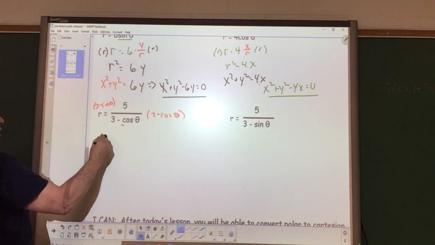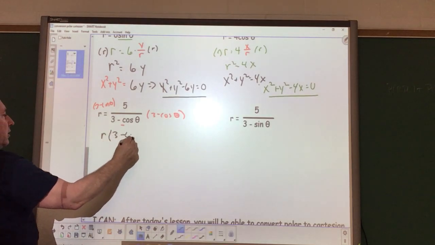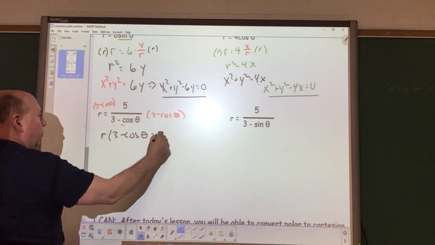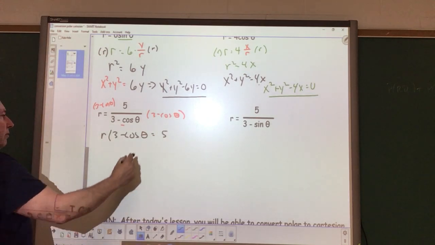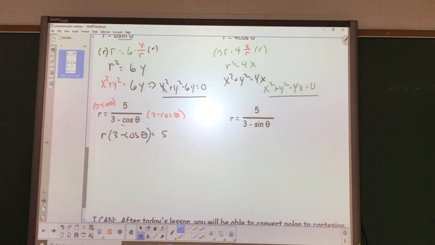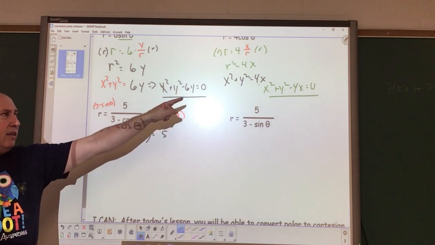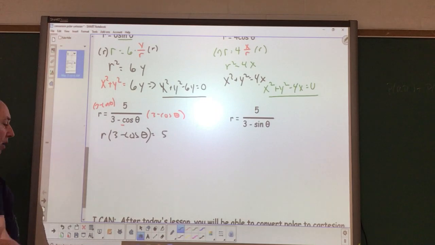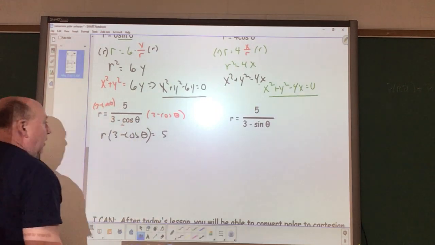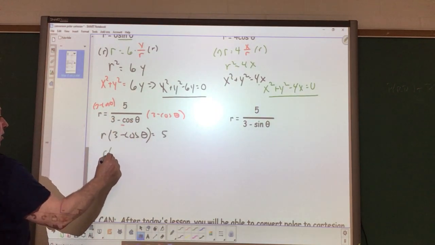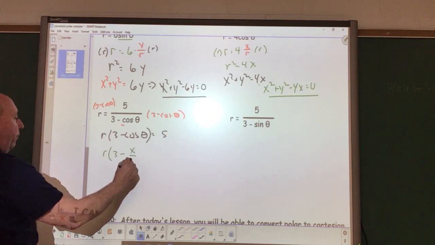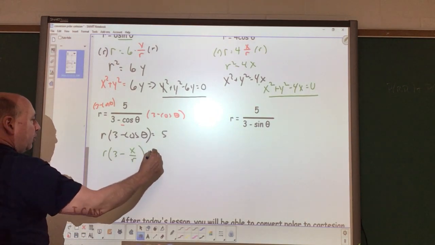So we're left with r times 3 minus cosine of theta is equal to the value of 5. Now if we take a look at this, cosine of theta once again is equal to x over r. So we have r times 3 minus x over r is equal to the value of 5.